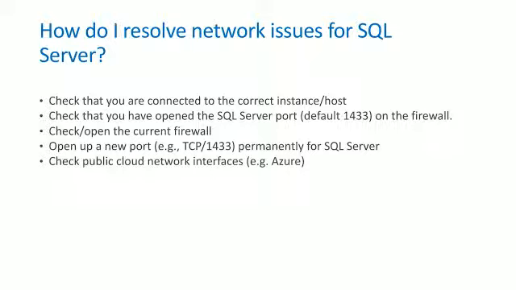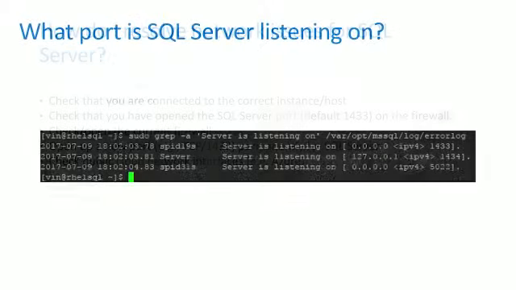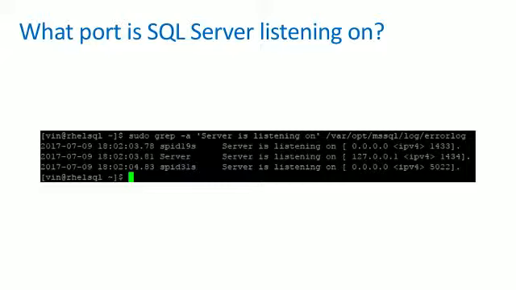Also, if you are running on a public cloud such as Azure, make sure that the network interface on your cloud is also opened to allow connections coming in. One way we could check which port SQL Server is listening to is to look at the error log file. When SQL Server is starting up, it prints out which port it is listening to.